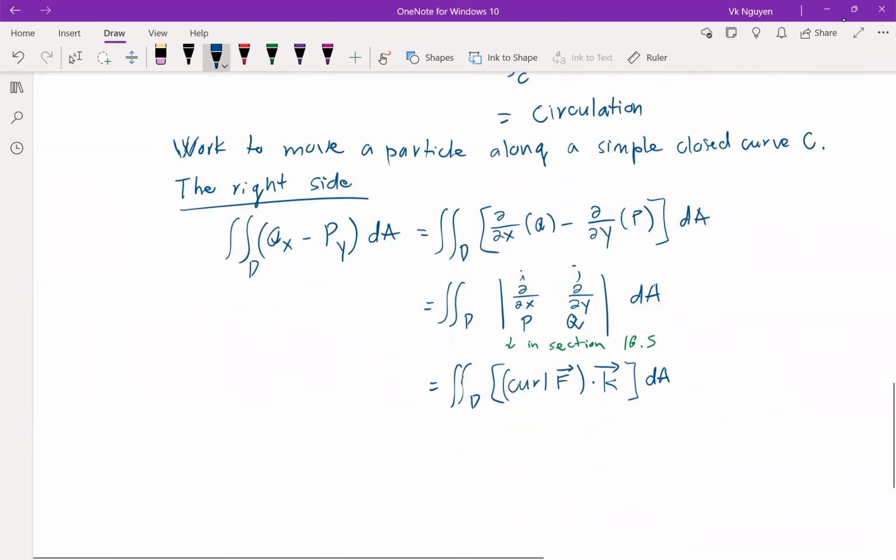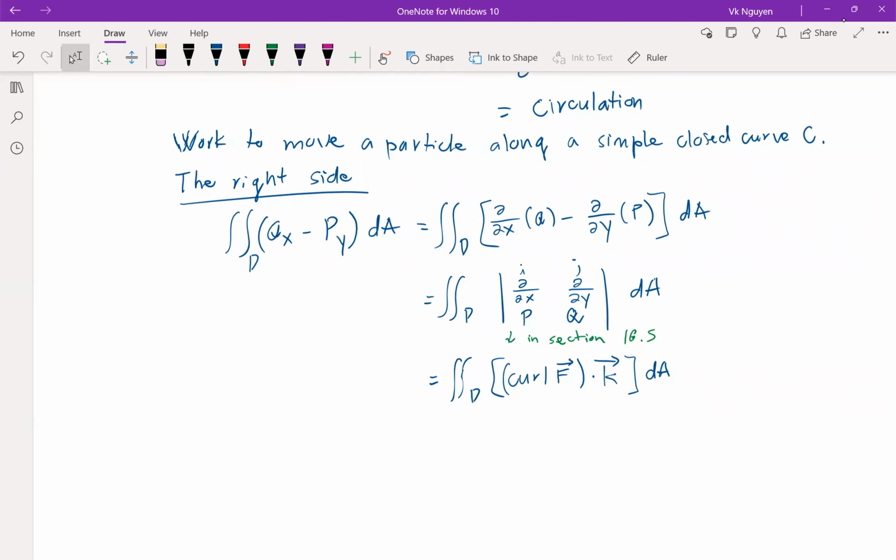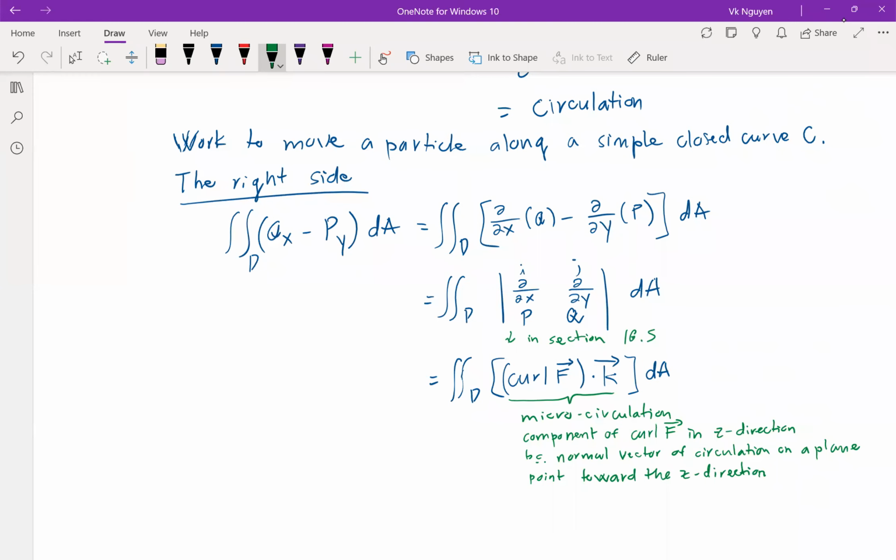So curl F dot k is the micro circulation. We can think of this as the micro circulation, or the component of the curl in the z direction. It's the sum of all the micro circulation.